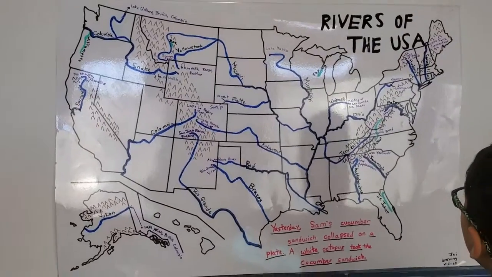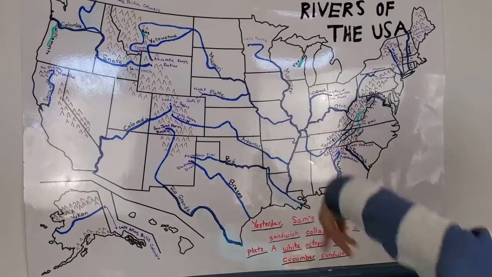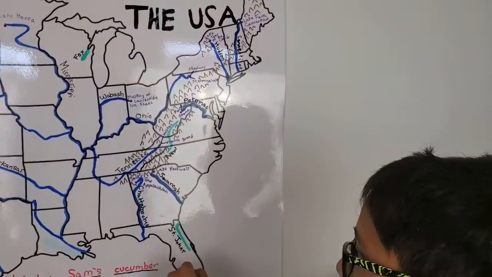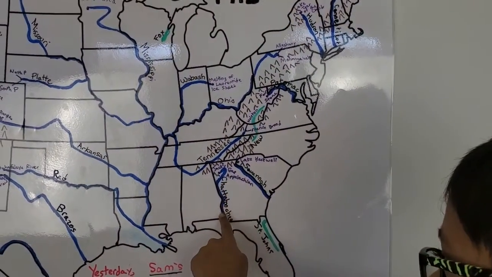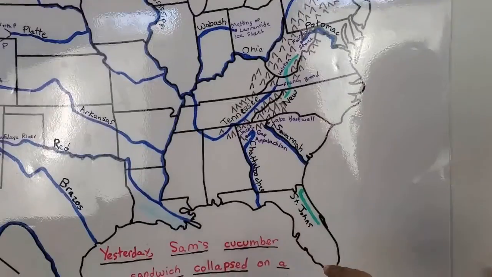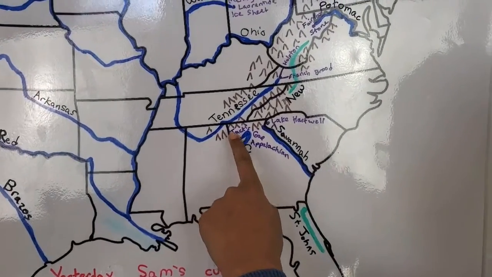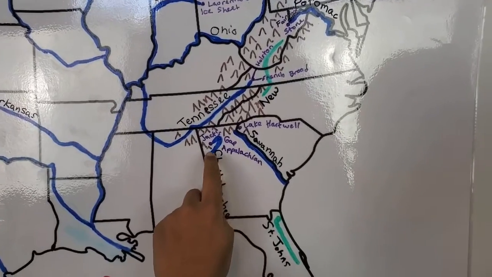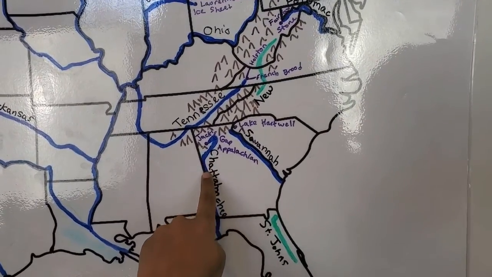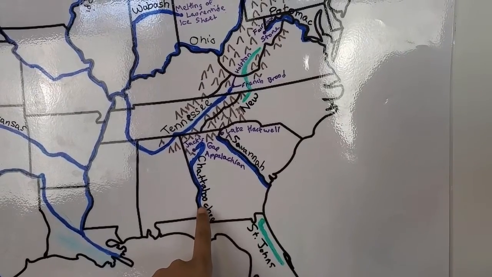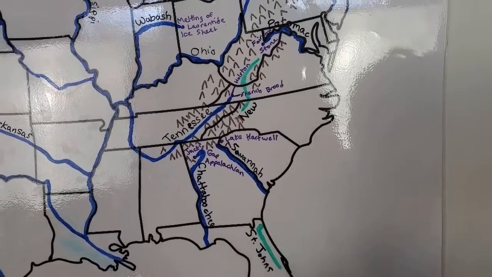So let's see a few other rivers, but now on the east. We'll look at the Chattahoochee River first. The Chattahoochee River is a very long name. It's spelled C-H-A-T-T-A-H-O-O-C-H-E-E.